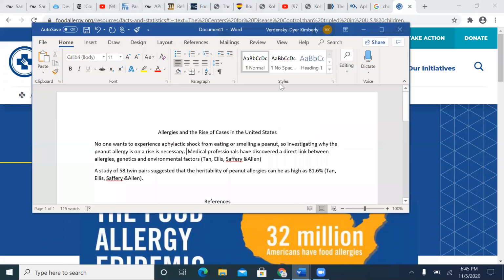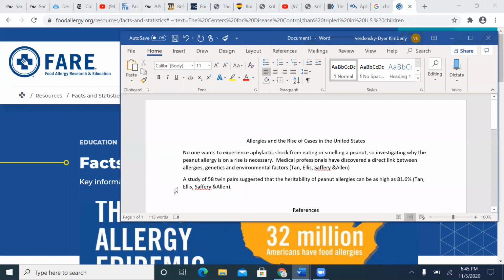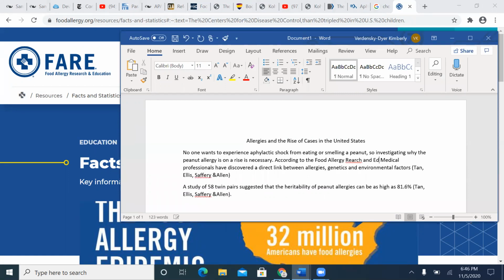So I'm going to go back to my Word document, and after my hook and my claim, I'm going to say according to the Food Allergy Research and Education, nearly 200,000 Americans visit emergency services every year.